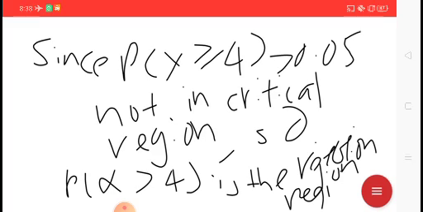You always need to put the final statement to conclude your finding. Once you conclude your finding, then you can proceed to the next one.